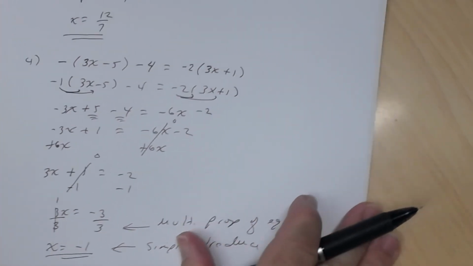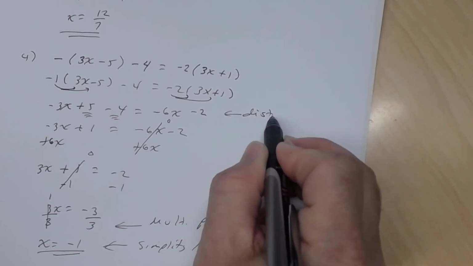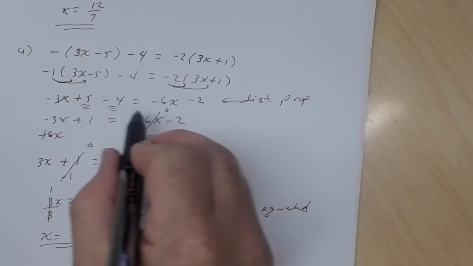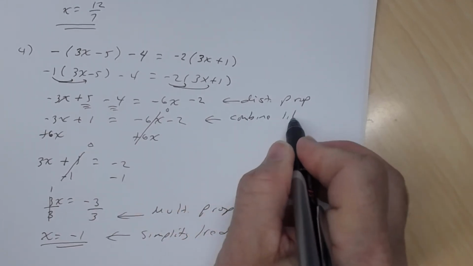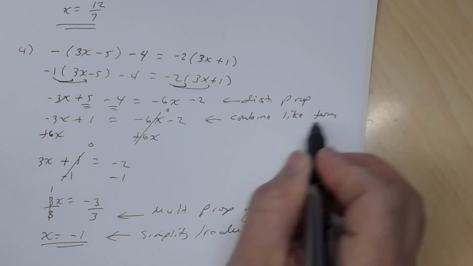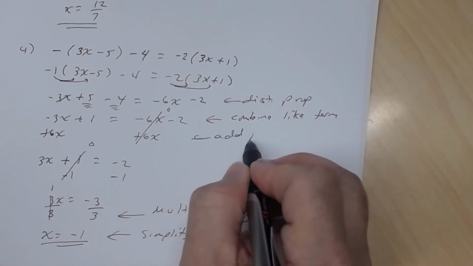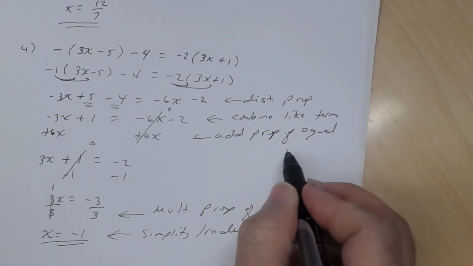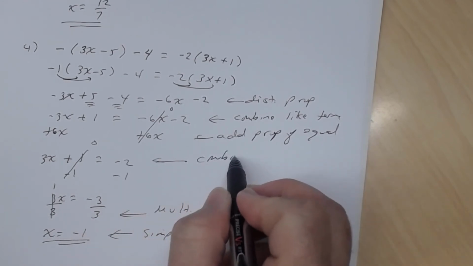Okay, so notice what I did here to go from here to here was I used a distributive property. Once you use a distributive property, we combine like terms. That's how I got this step. And then when I added 6x to both sides, that's the addition property of equality. And once you do the addition property of equality, to get to that point, you can combine like terms.